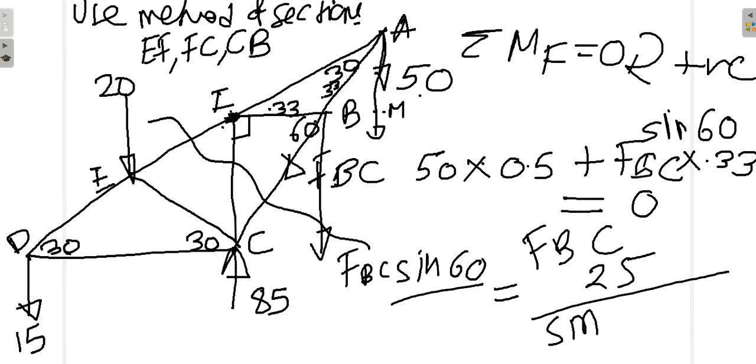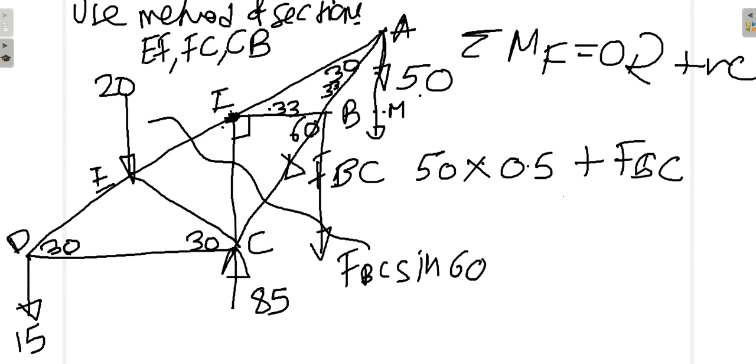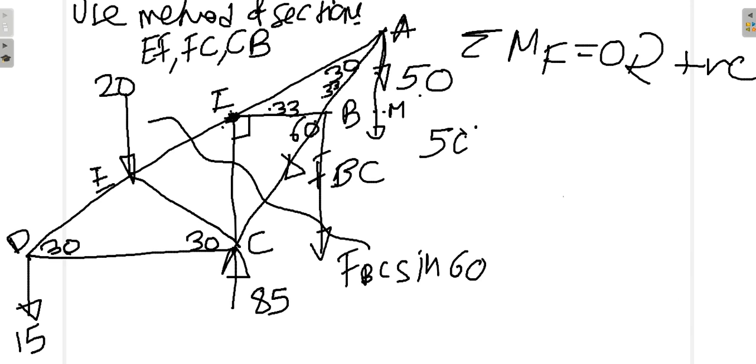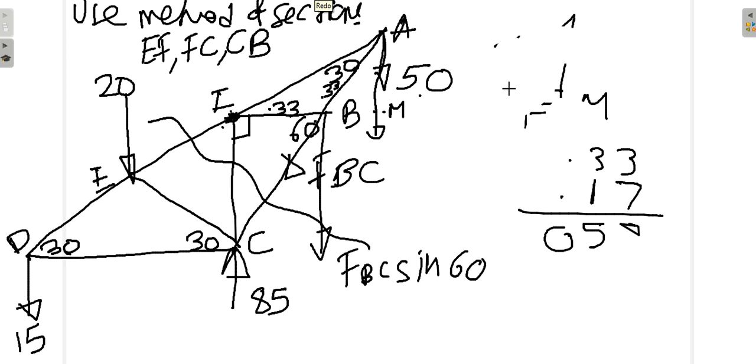Now let us try to find some other forces. About which point do you think we should take the moment so that we will be able to get FEF? Let us take moments about point C. If we take moments about point C, FC also acts along point C and BC also acts along point C. So we will be able to get the value of FEF, isn't it?